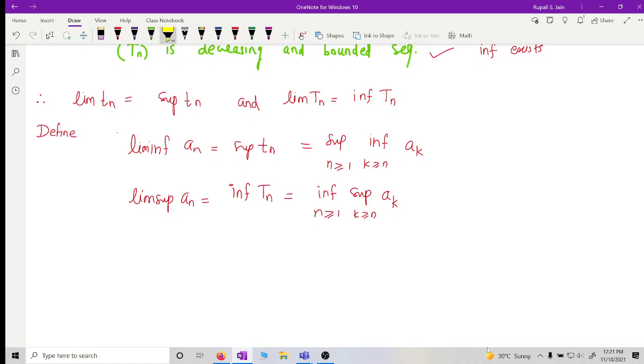Is that okay? And they will exist because our sequence is a bounded sequence. So, liminf and limsup definition understood?